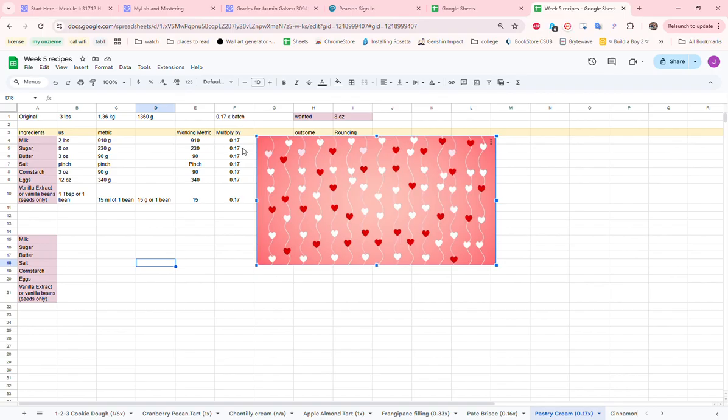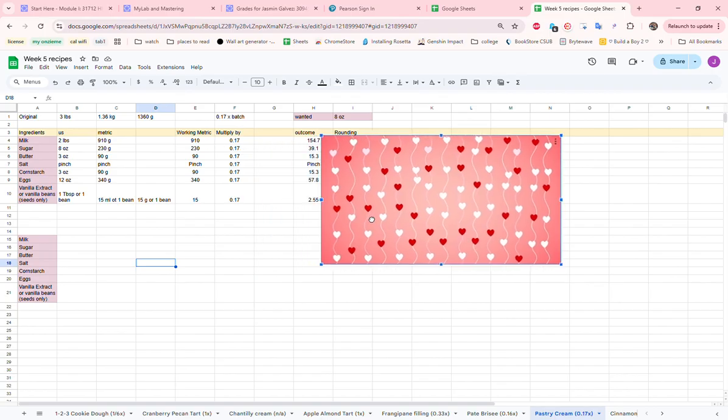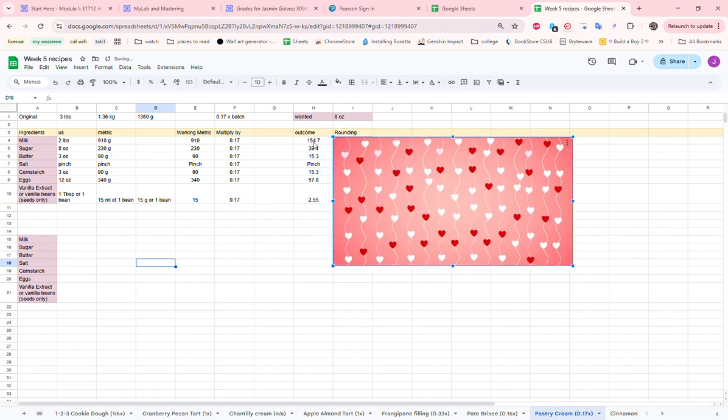So 910 times 0.17 is equal to 154.7, and then all the way down. As you can see right here, I did not include the 1 bean because we will probably not be using a whole bean inside our actual class. So I'm sticking with the milliliters, grams, tablespoons, whatever you want to call it. So 15 times 0.17 is equal to 2.55.